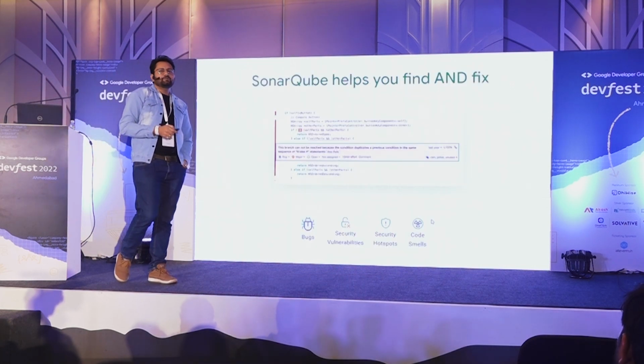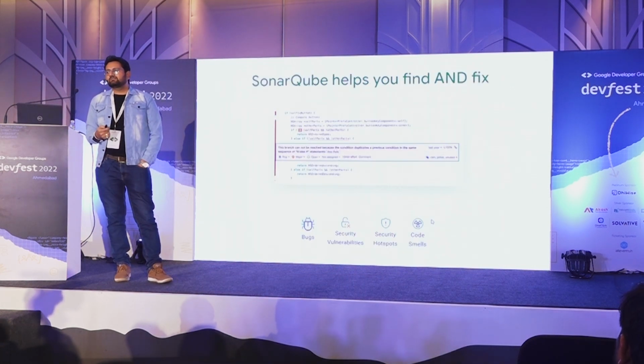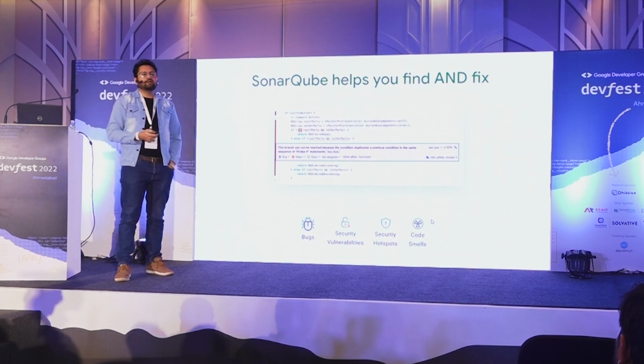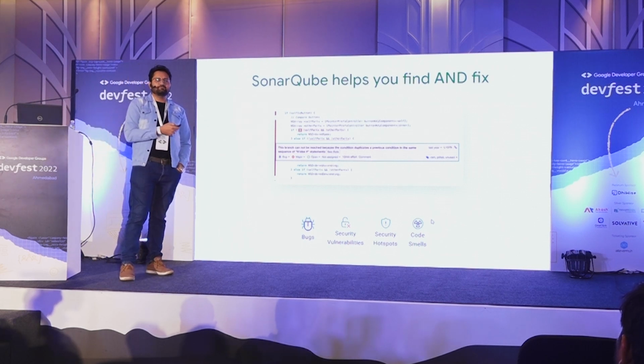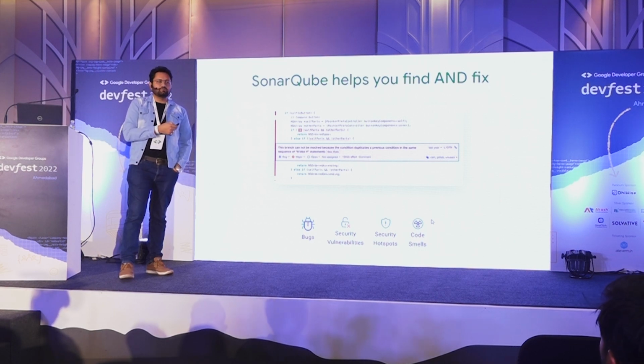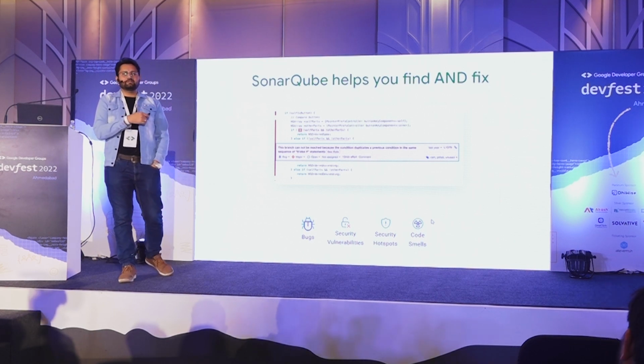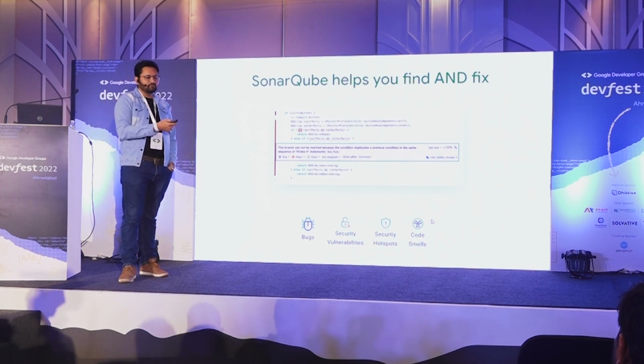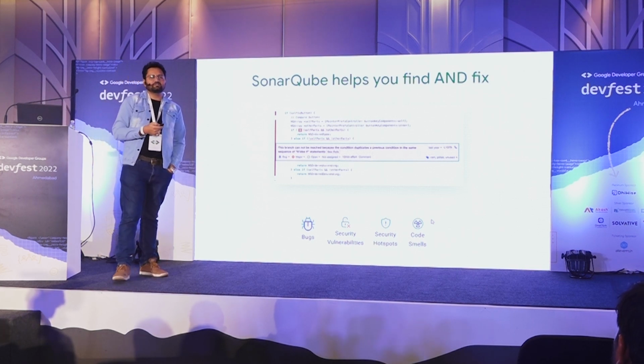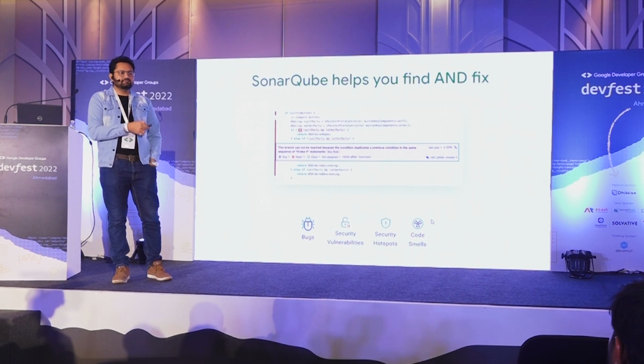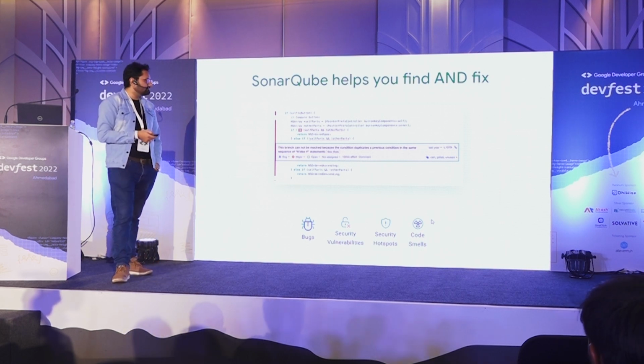So SonarQube does not just identify the bugs, it also helps you fix them. If you open the SonarQube dashboard, it will list the number of bugs, counted by the different categories that we have already checked out. It will give suggestions on specific lines, like on this line there is an issue which you need to take care of.